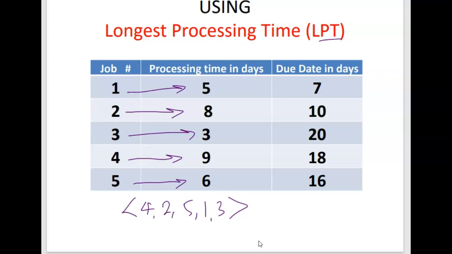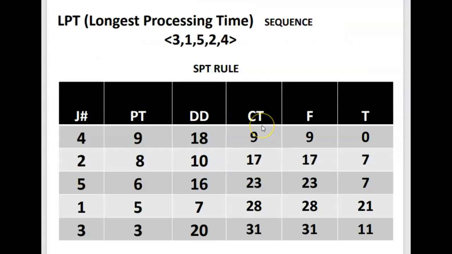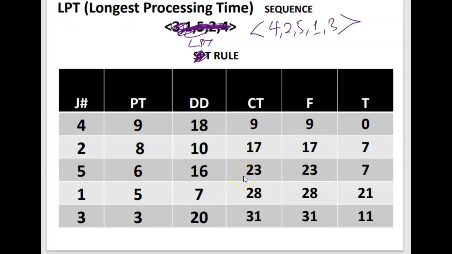So this way, we will now introduce the other 3 columns, which are the columns for completion time, flow time, and tardy. Can you see it? That is what? 4, 2, 5, 1, 3.